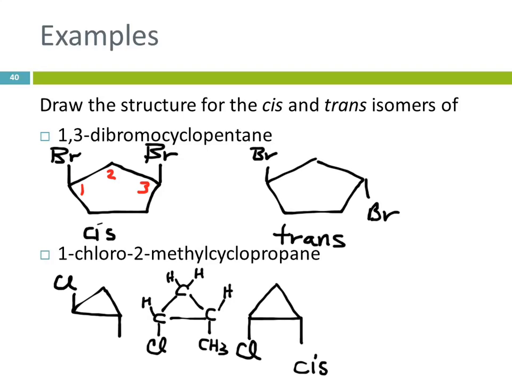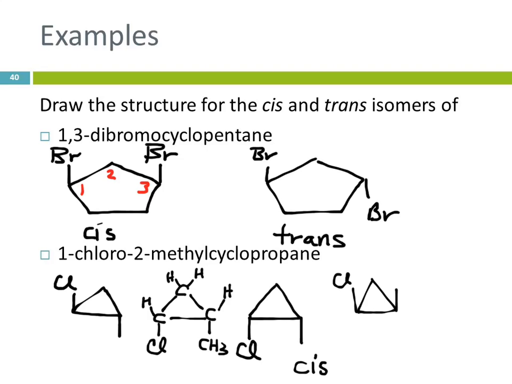Yes? For the cis, you can put the chlorine and the methyl group pointing up. You could, yeah. There are many, many ways that you can draw these, and that can be a little confusing to students because your drawing might look different, and yet it can still be correct.